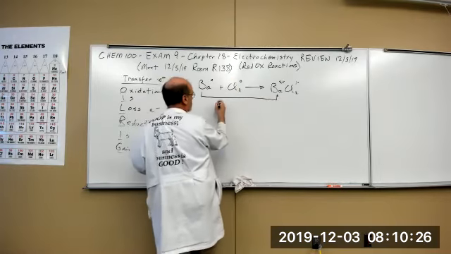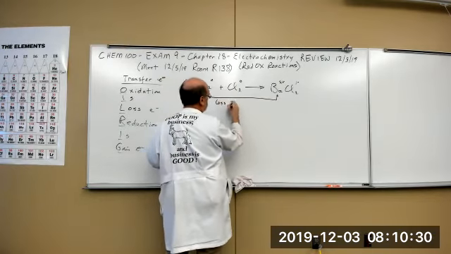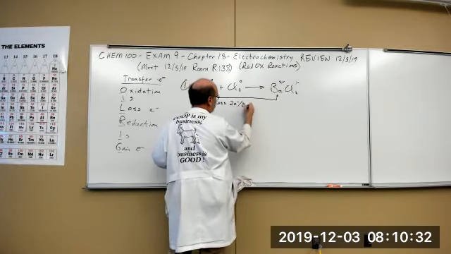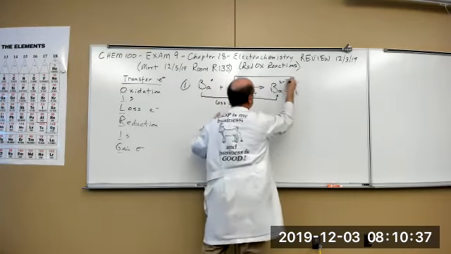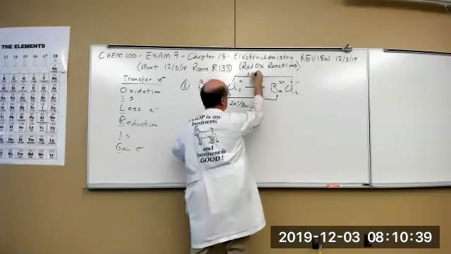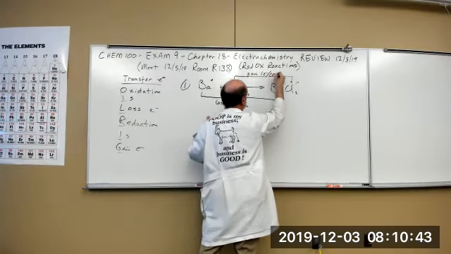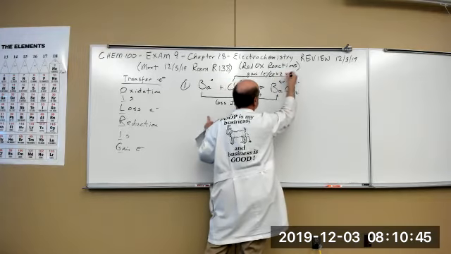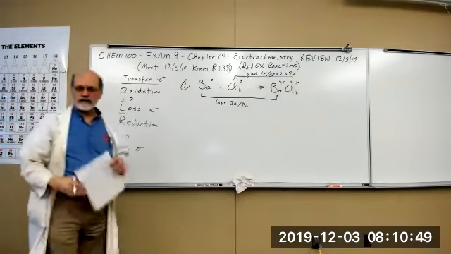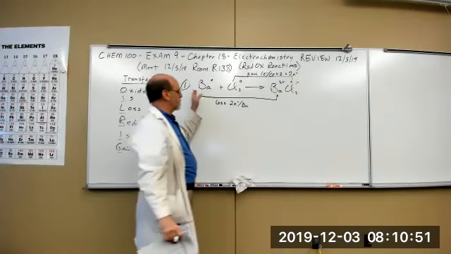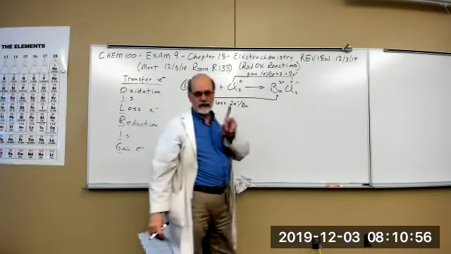Okay, so barium loses 2 electrons per barium. Chlorine is what? Well, it gains 1 electron per chlorine times 2 chlorines equals 2 electrons. So we transfer 2 electrons from barium to the chlorines, and each chlorine got 1 electron.